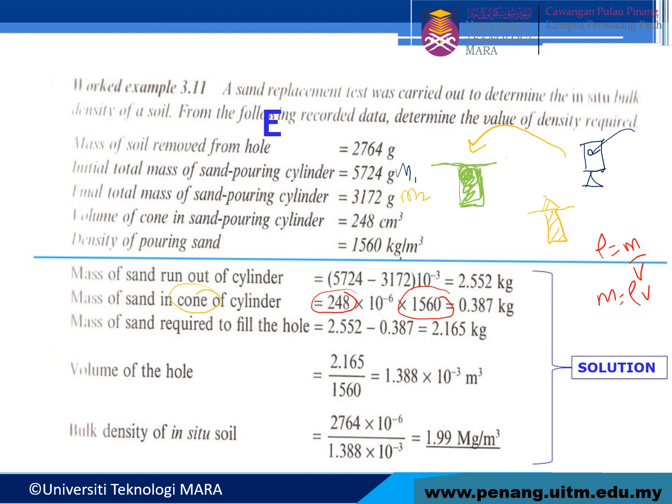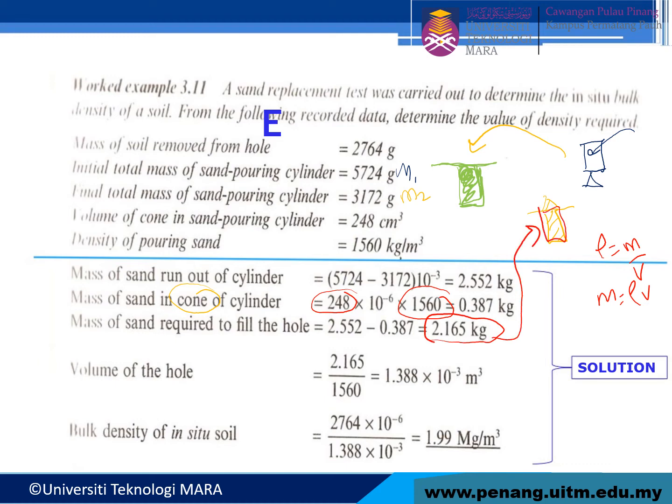That is the mass of sand in the cone. The mass of sand required to fill the hole is 2.552 minus 0.387. This is the mass in this area.